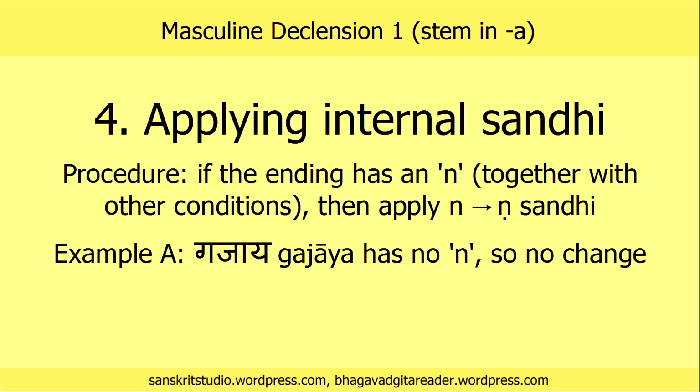So in this example, we look at the gajaya form, and we find that there is no N at all in that word, so there will be no change.